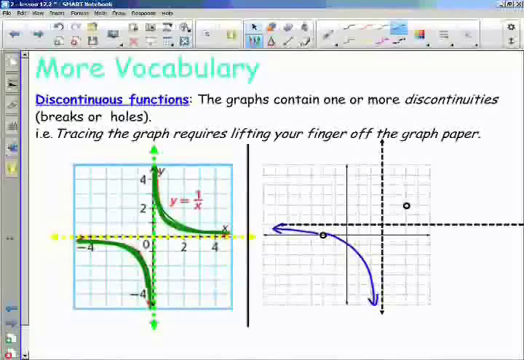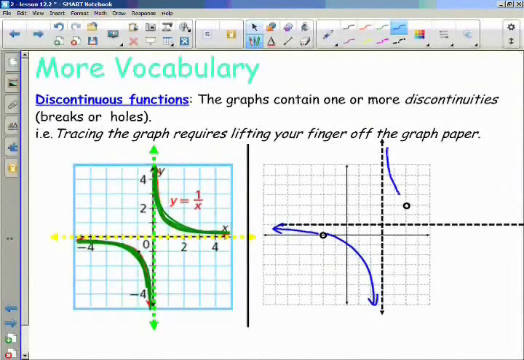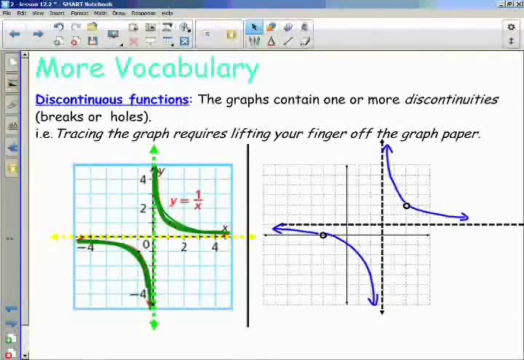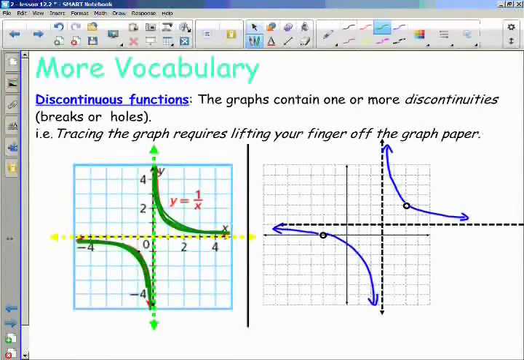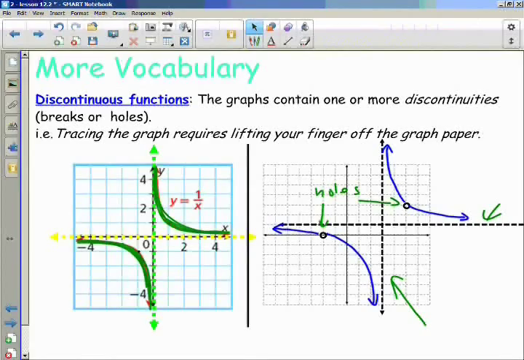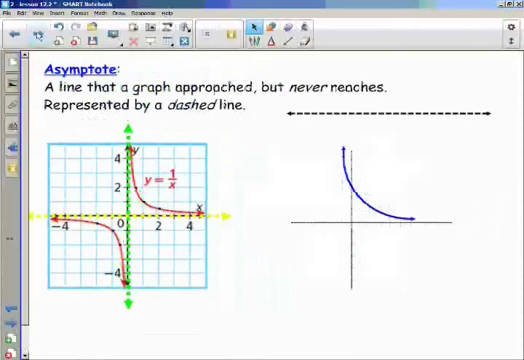There are discontinuities that look like dashed lines and circles. And in this case, we've got a couple of discontinuities here. We've got a dashed line that's vertical here. And again, these holes here. Okay? So graphically, we see what discontinuities are, and in the equation, we see how to make them happen.